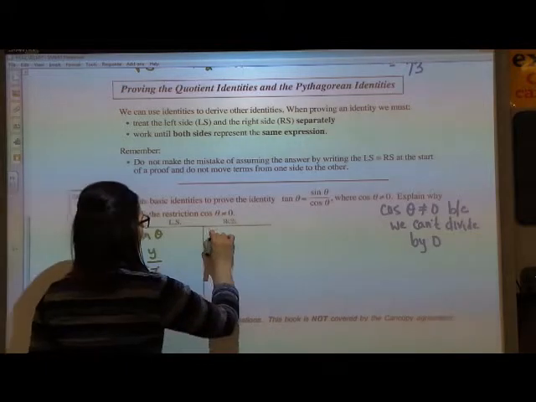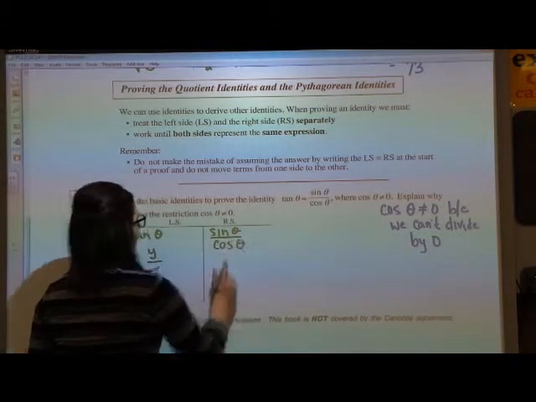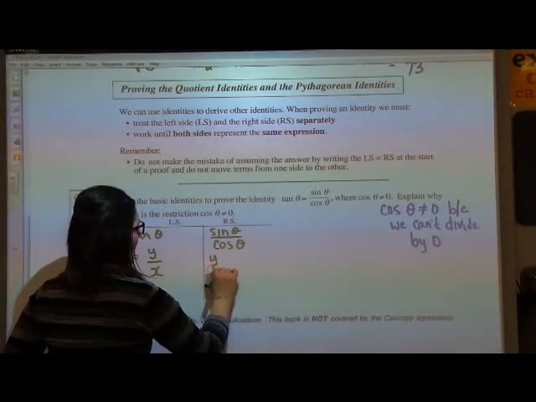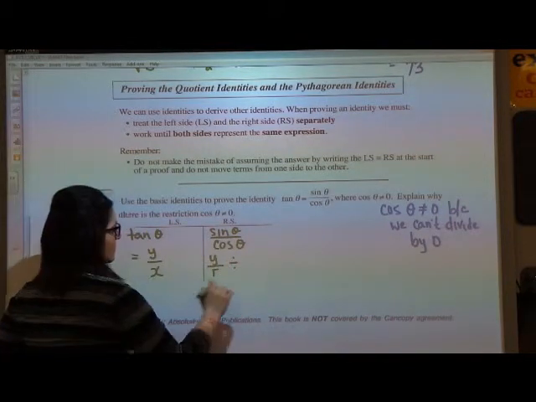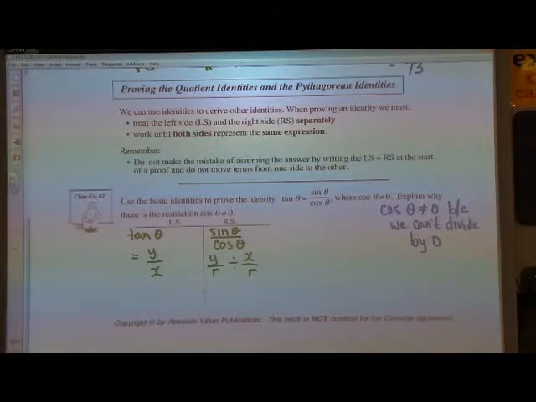So now if I look at the other side, sine theta over cos theta. Again, using those basic identities, how would I express sine theta? Y over r. And how do I express cos theta? And when I go to divide these, what do I get?